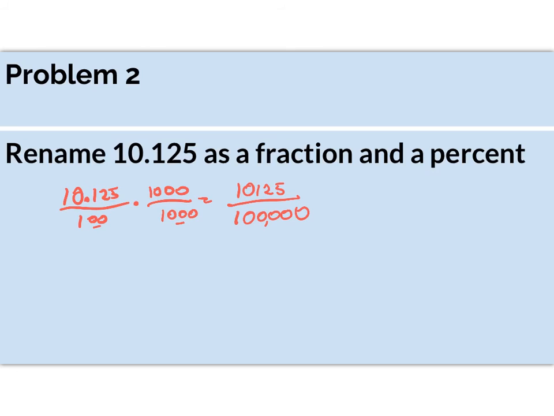And so now let's do it as a percent. To go from a decimal to a percentage, you have to multiply by 100, and you get 1012.5%.